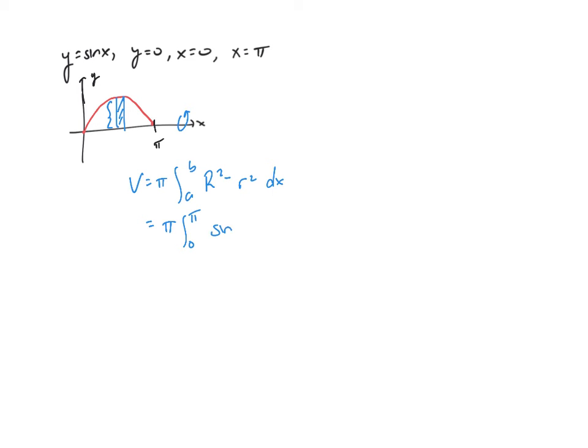That's going to be sine squared, minus little r, which here is 0. So it's pi times the integral from 0 to pi of sine squared x. And that turns out to be, if we get it exactly, pi squared over 2, or to 3 decimal places, 4.935.